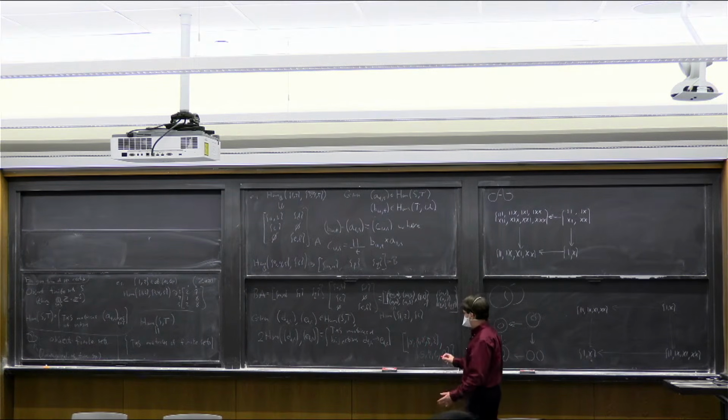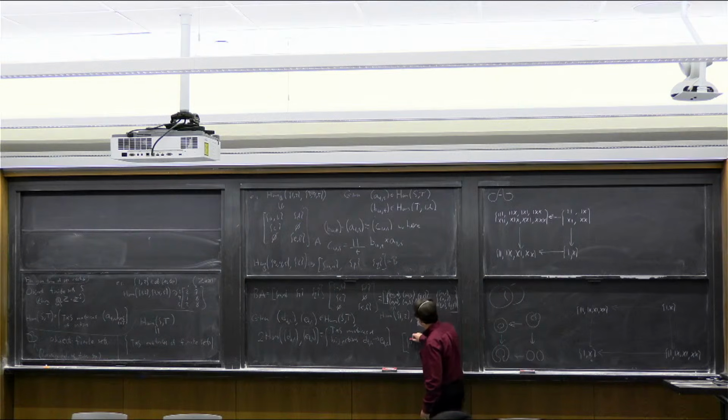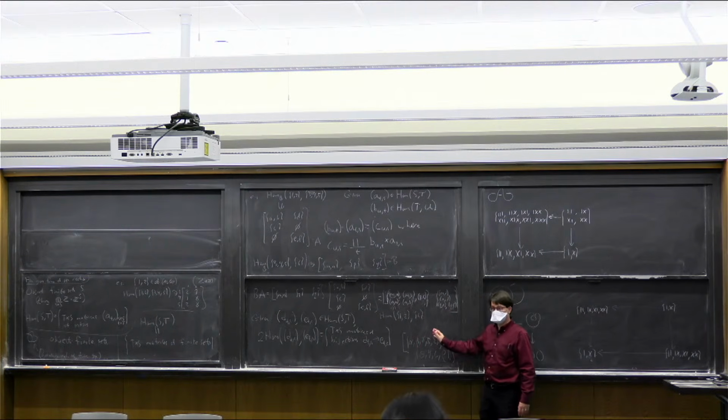And here's a 2 homomorphism from this to that. This goes to there, and this goes to there, and so on, for each entry. So that's one of many 2 homomorphisms.